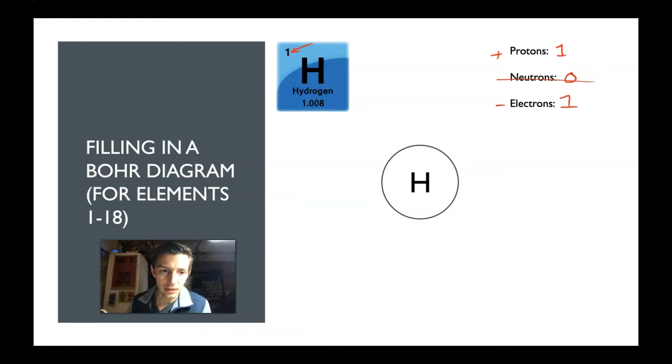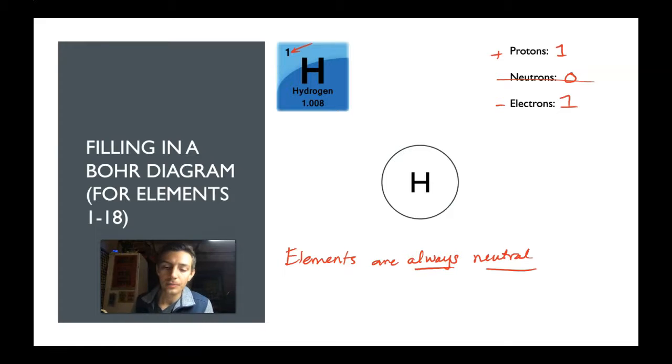The important factor to know is that elements are always neutral. And what that means is that every time you're seeing an element on the periodic table and you're supposed to figure out how many electrons it has, you assume it has the same number of electrons as it does protons. So elements are always neutral, so the number of protons equals the number of electrons.